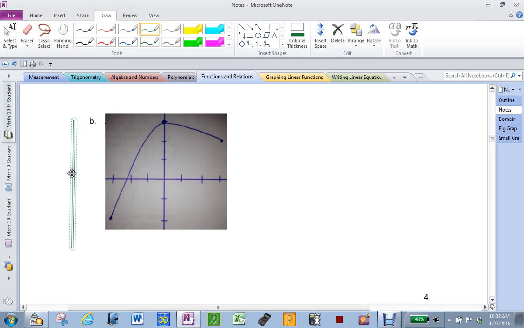The vertical line is checking our inputs, yes? So, how many inputs are there between here and here? 3? Higher. How many inputs are there between here and here? Higher.